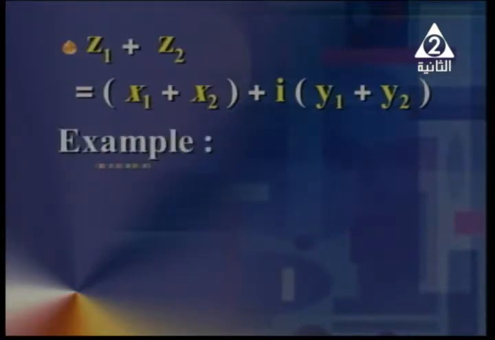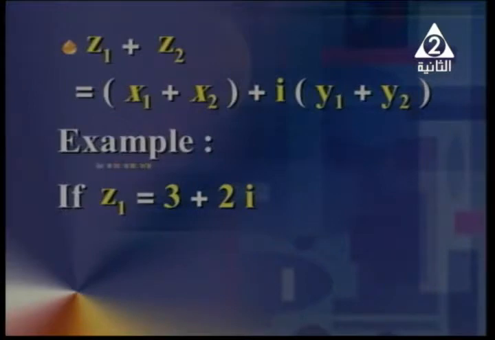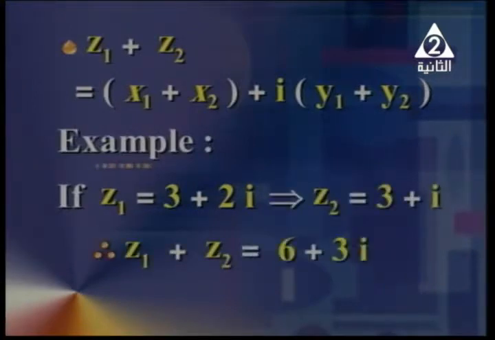If we add two complex numbers, what is the result? We add real plus real and imaginary plus imaginary. Example: if z1 equals 3 plus 2i and z2 equals 3 plus i, then z1 plus z2 equals what? 3 plus 3 equals 6, 2 plus 1 equals 3i.